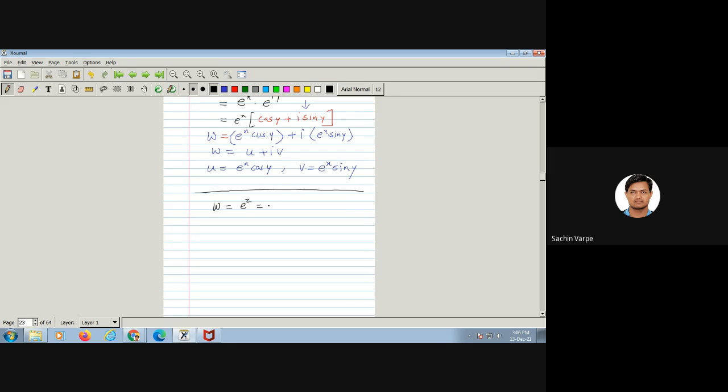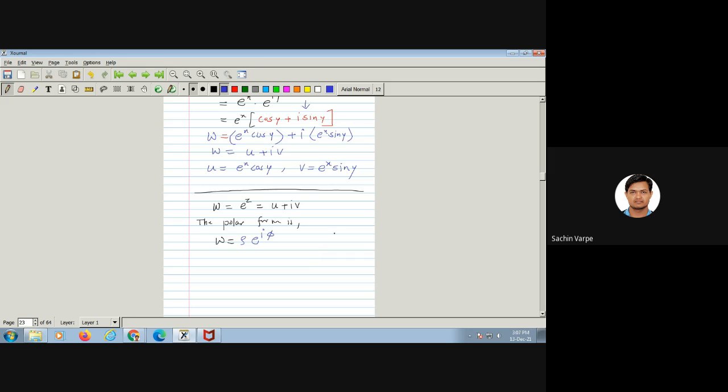So if we consider it of the form u plus iv, then how can we write w in polar form? The polar form of w is, do you know the polar form of a complex number z? z equal to r e raised to i theta. So the same way we write w: suppose w is rho e to the power i phi. Is this clear to everyone?